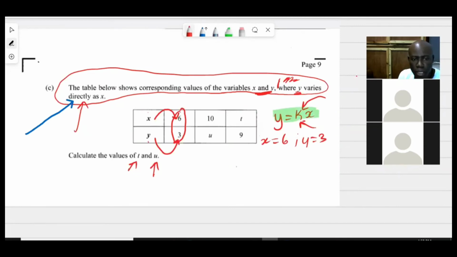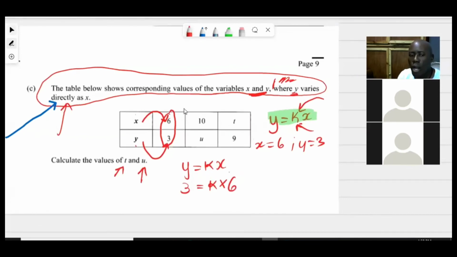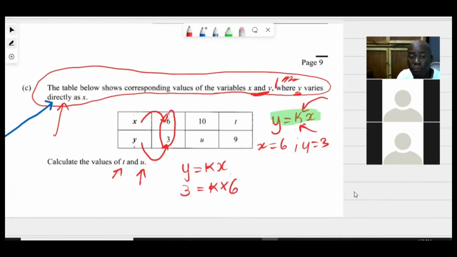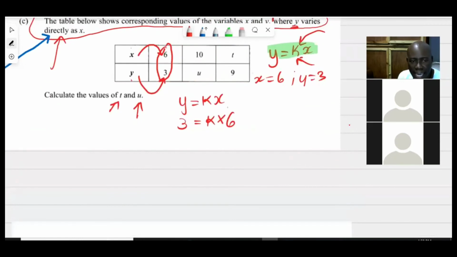Check it out. So we're saying y is equal to kx. Y is 3, so 3 is equal to kx, and kx means k times x, times 6. We want to find a value for k. Divide both sides by 6.